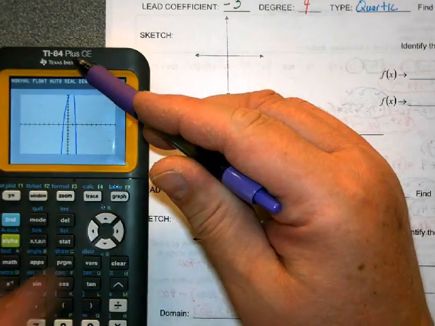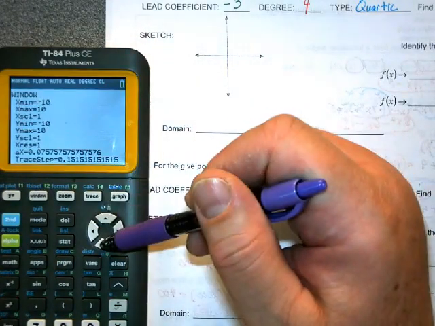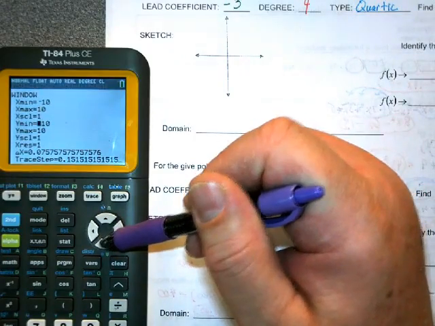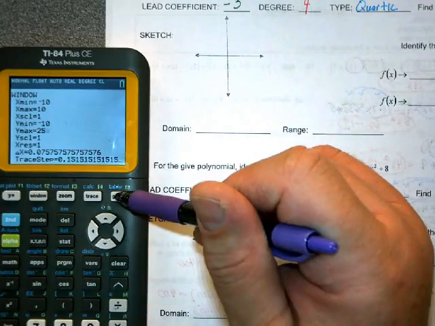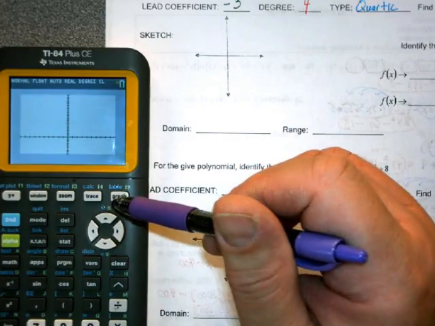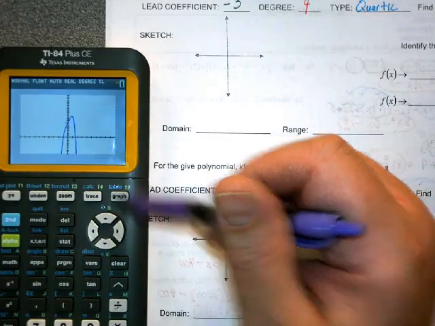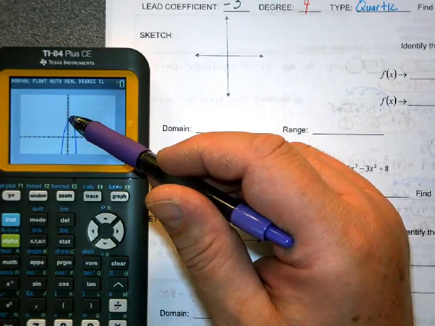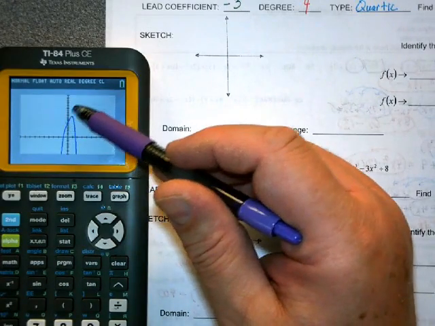I'm going to expand my Y max here. Maybe I'll do 25. Yeah, somebody already changed your window, so you're good. So when I put in 25, I can see my vertex, which I'm going to need, right?